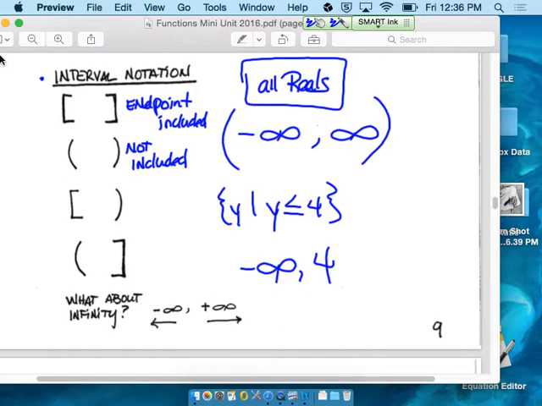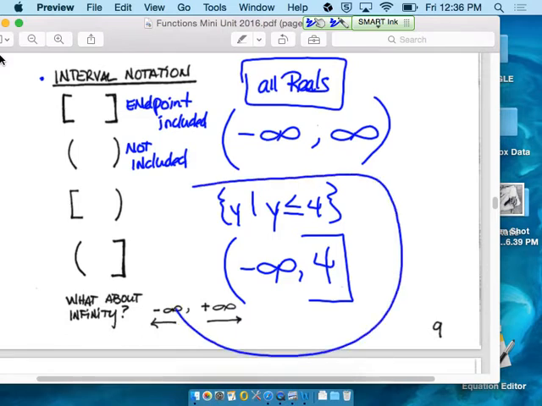Since I can't bound infinity, I have to use the curved open brace, but 4 was a hard endpoint included on that graph. So this would be an alternate way to represent the range, starting at positive 4 and then growing away from positive 4 endlessly in the direction of negative infinity.